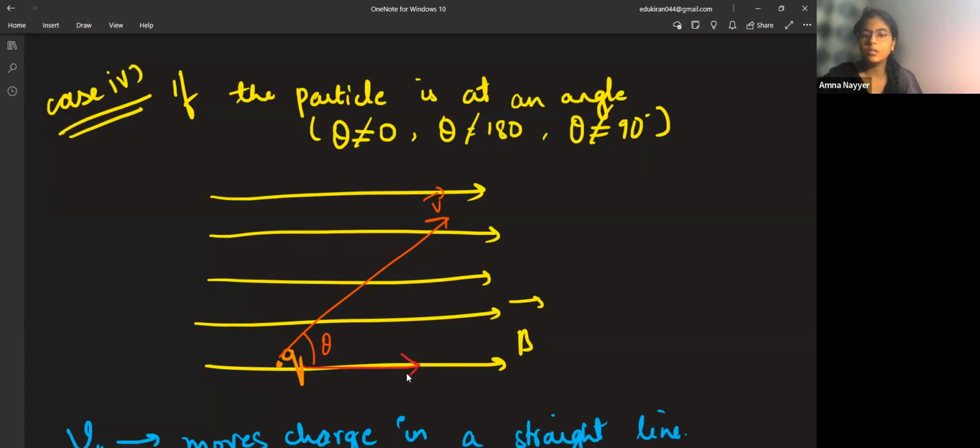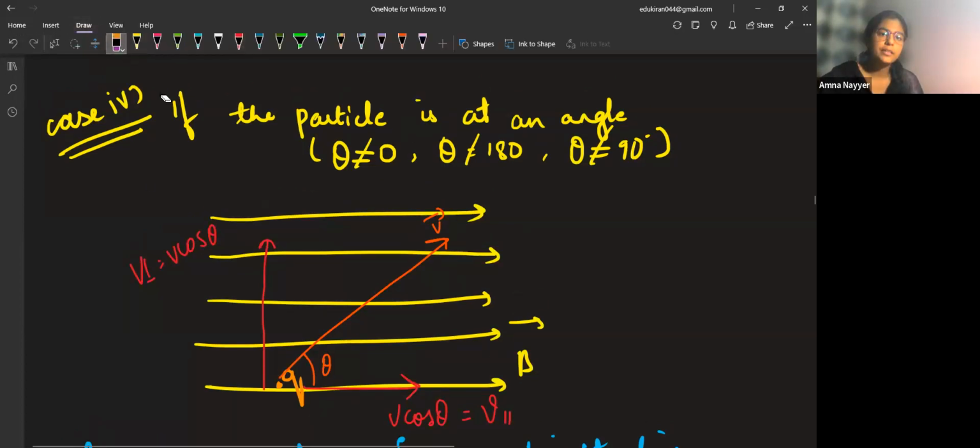Along the axis, you will get v cos theta, the parallel component. Perpendicular to it, you will get the perpendicular component, that is v sin theta. So you have v cos theta and v sin theta.